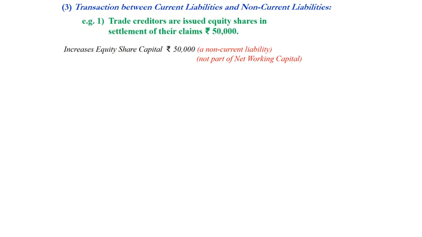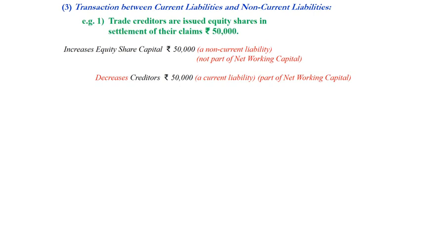Another part in this transaction is sundry creditors. So it will decrease sundry creditors or trade creditors by rupees 50,000. Trade creditors are part of current liability. So current liability is decreasing. Liability is decreasing. It is part of net working capital.